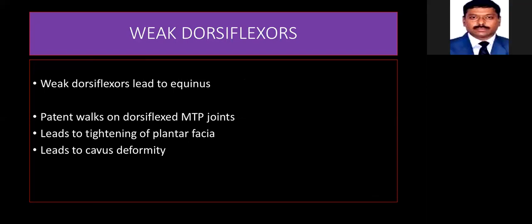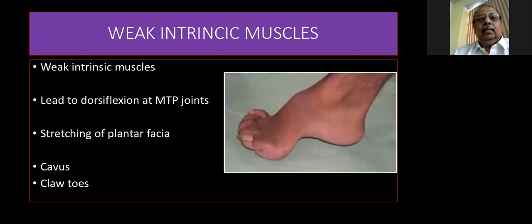This leads to tightening of the plantar fascia, and again leads to a secondary cavus deformity. So both calcaneus and equinus deformity can lead to cavus deformity. Now coming to the next one, weak intrinsic muscles. This again leads to a cavus deformity because it leads to dorsiflexion of the metatarsophalangeal joint, stretching of the plantar fascia. This leads to cavus and claw toes.